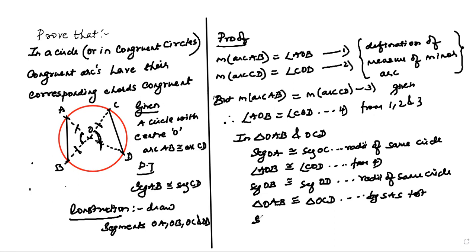Now, therefore, segment AB congruent segment CD, for the reason, children, CSCT, corresponding sides of congruent triangles. So now you can see in a circle, congruent arcs have congruent chords. Okay, children, we go to the next.